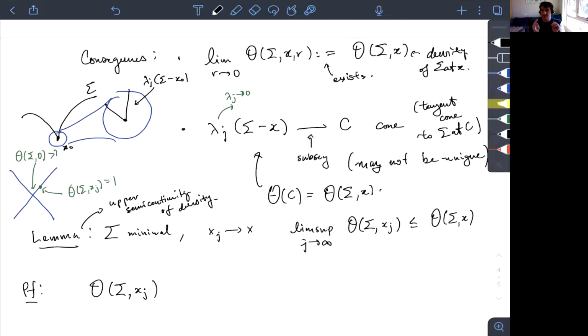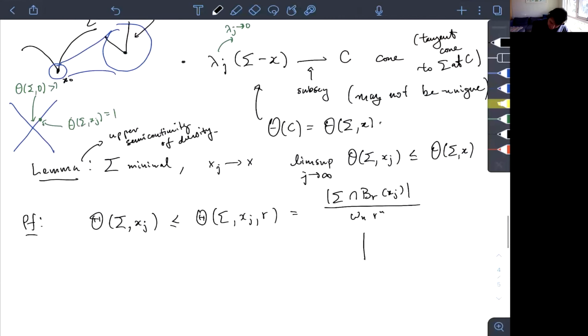If we start at 0, then we grow the size of the ball, the monotone quantity goes up. This will remind you of sigma.